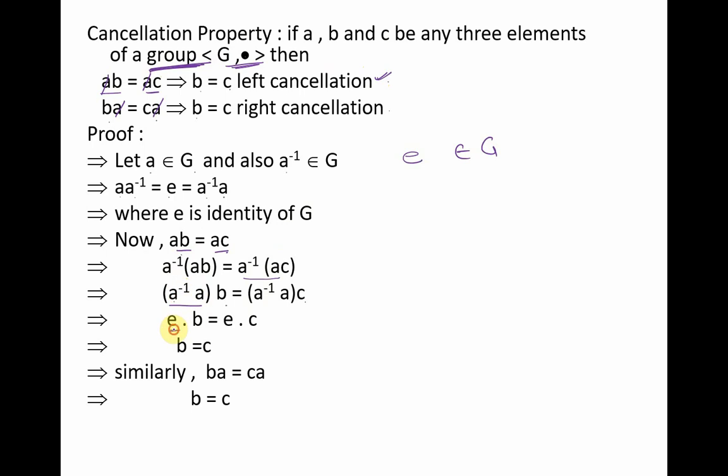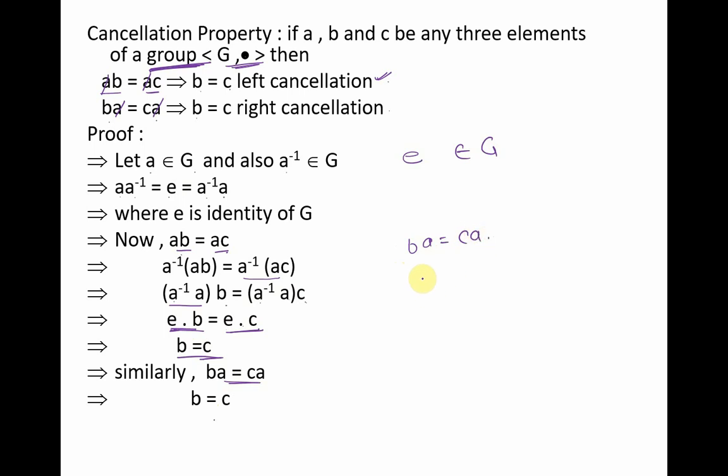Similarly, A inverse A is equal to E. So EB is equal to EC. By the definition of identity element, this will be equal to B and this will be equal to C. So the left cancellation property holds. Similarly, you can showcase the right cancellation property. Say BA is equal to CA.